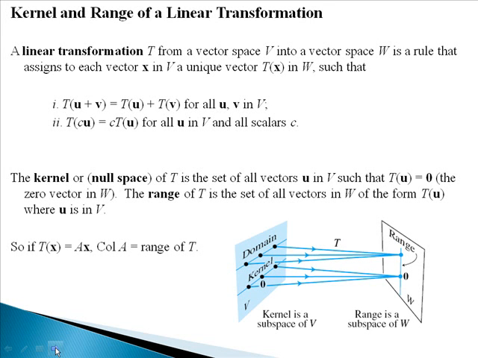So if T of x is equal to A times x, then the column space of A is the range of T. So the kernel is those specific vectors which give us the null space, where I'm multiplying A times those vectors and I get 0. And then the column space would be the range.